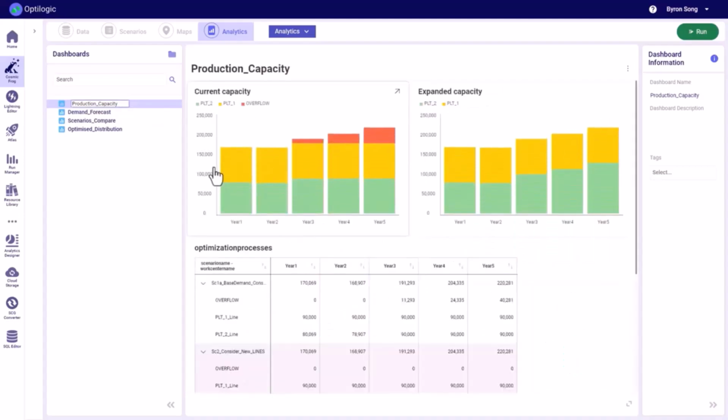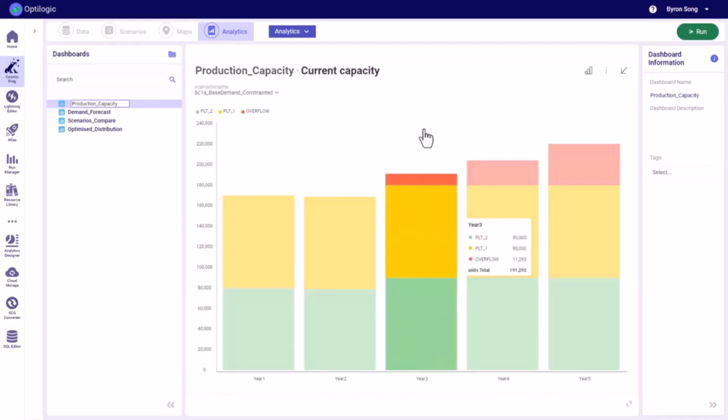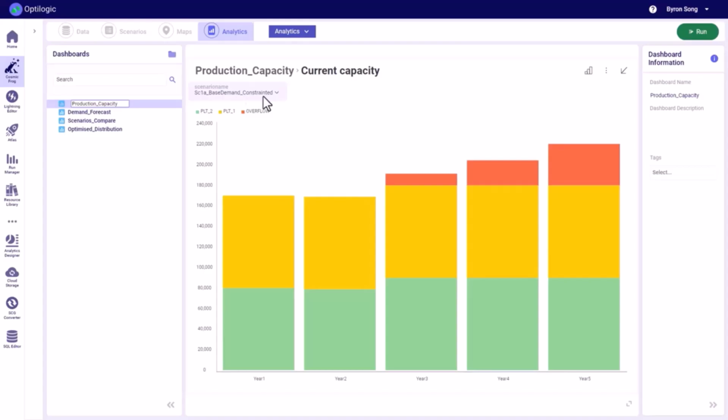So this one shows the production capacity. And in the first view here, I make it a little bigger, that shows in the scenario 1A, which is our base constraint scenario, we have plant 1 and plant 2 delivering all the demand in year 1, year 2.